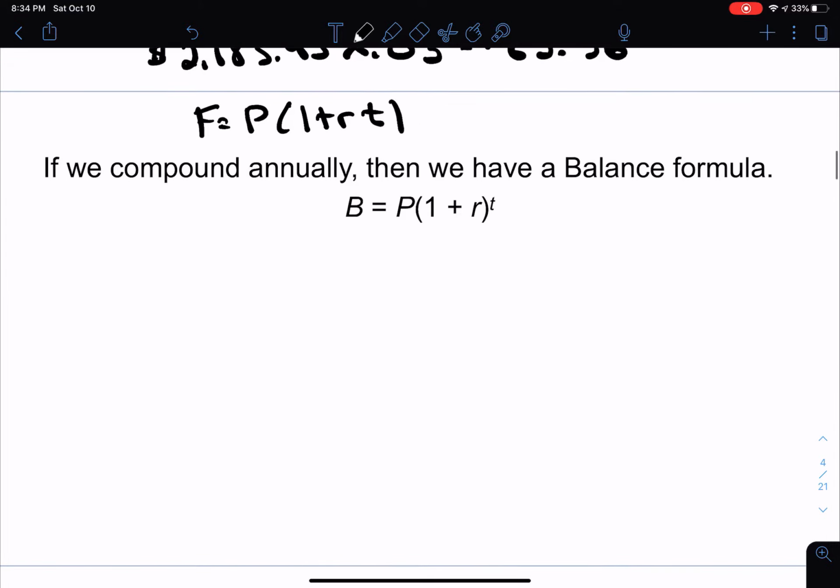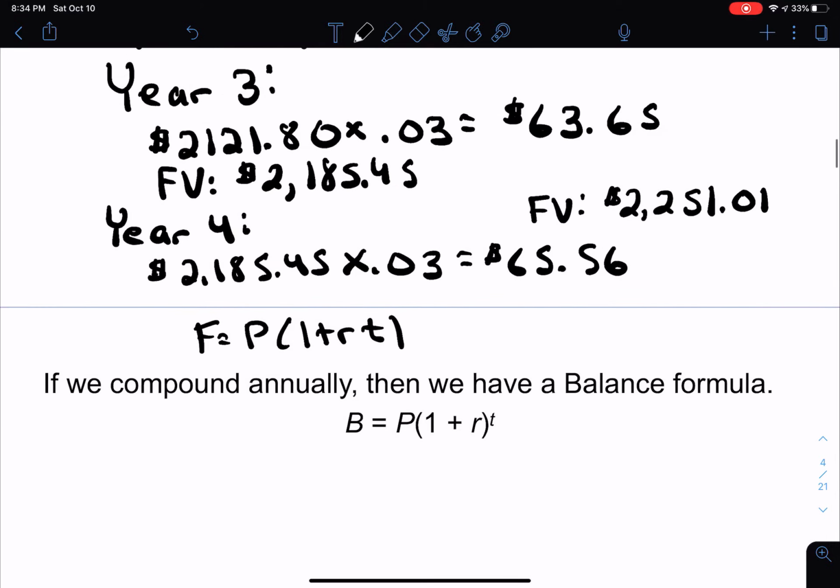Well, now, as we find our future value, if we take our principal times 0.03, we get interest. But if you take your principal times 1.03, that'll immediately jump you into your future value. And each new year, we would multiply by the 1.03 again.